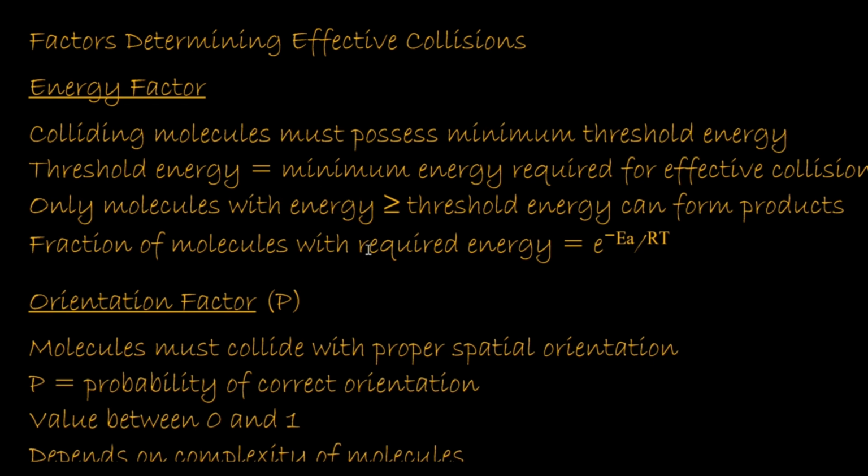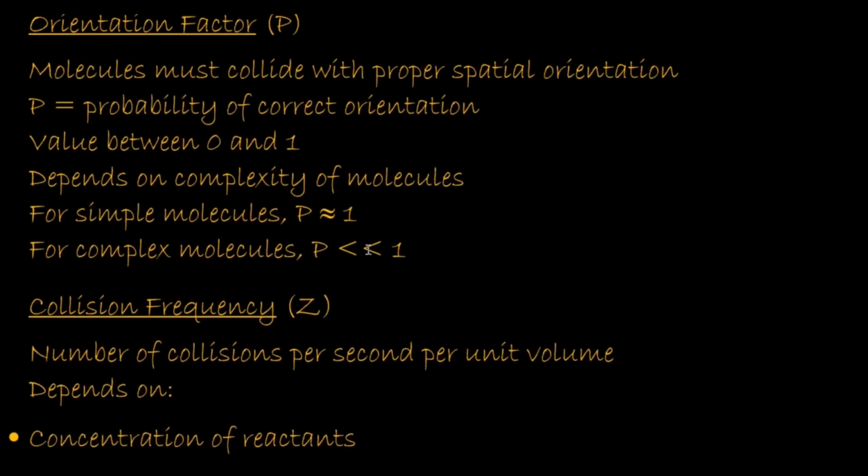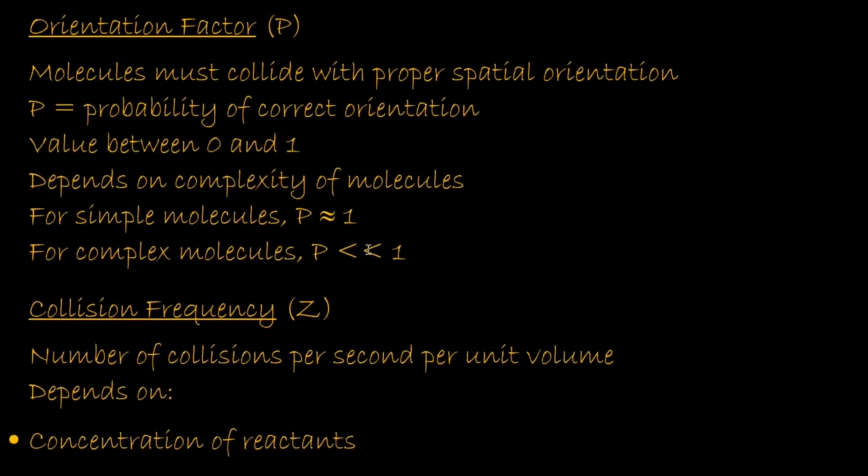So what are the factors determining the effective collisions? The first is the energy factor. For an effective collision, the colliding molecules must possess a certain amount of energy so that they can cross the barrier to create a product. The second factor is the orientation factor.